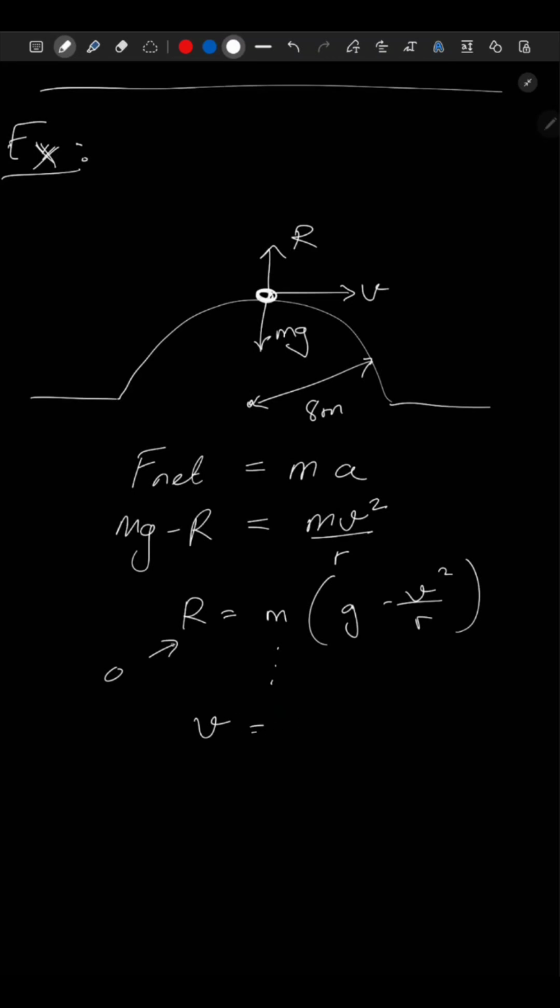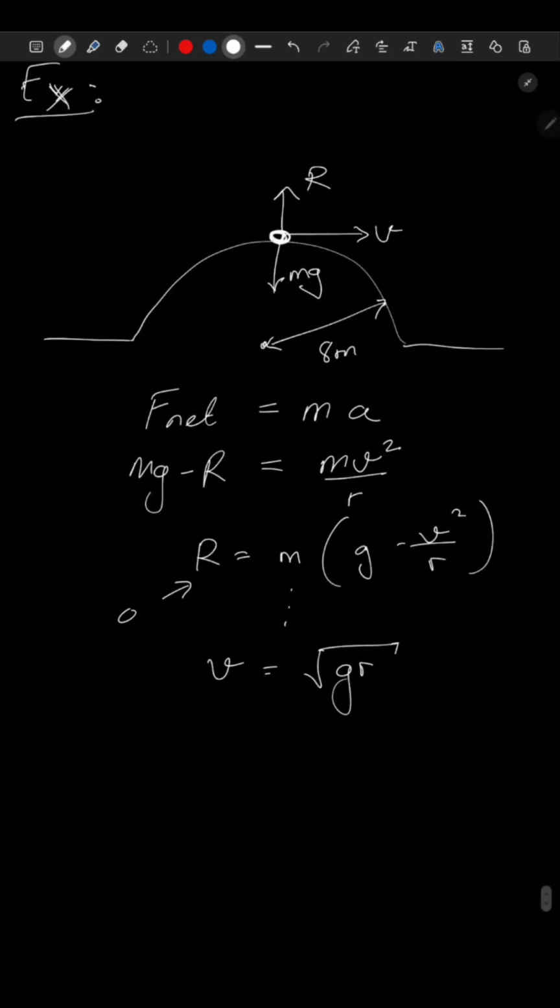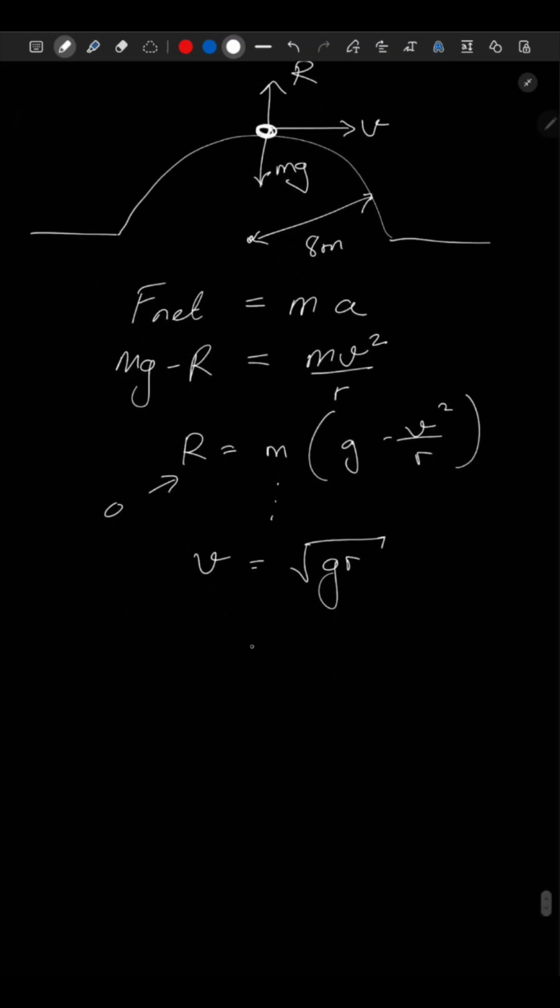If you solve it, v is equal to the square root of g r. Now you can calculate this speed. It is 9.8 multiplied by the radius of the bridge, which is 8 meters, and the speed is about 8.86 meters per second, to 3 significant figures.